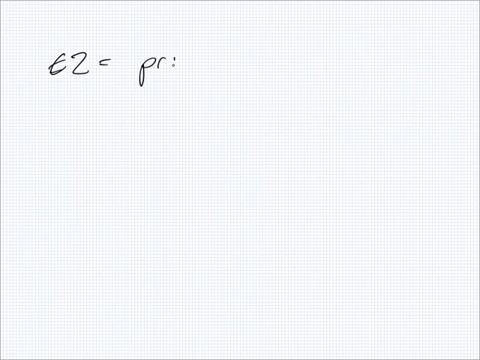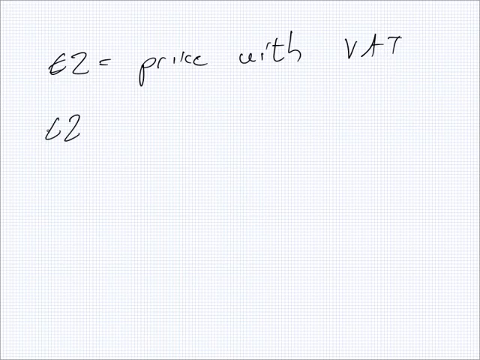It's important that you understand that the €2 is equal to the price with the VAT. So that means the €2. Do you have a special word for before the tax is added in business? We'll just call it pre-tax, will we? So the €2 is the pre-tax plus the VAT.